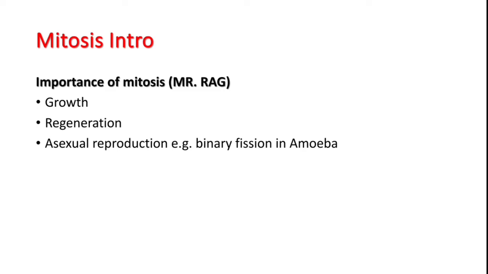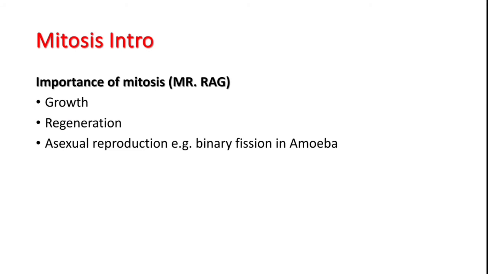Asexual reproduction. Mitosis is important for asexual reproduction. Remember, we did reproduction, right? Asexual reproduction does not require two organisms to mate for them to have an offspring. Only one parent is required, because this process occurs by the process of mitosis.